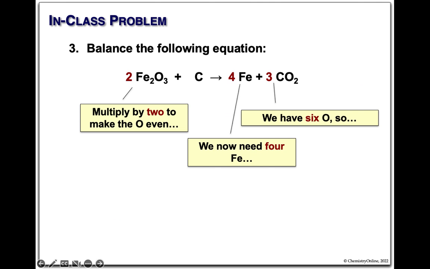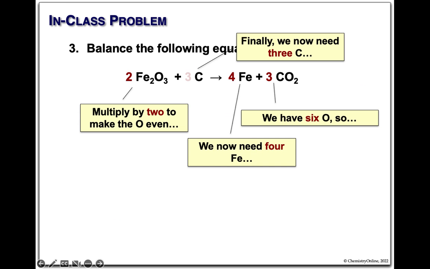And finally, the carbon. Well, we have 3 CO2s, that's 3 carbons. Simply need to put a 3 right there. And I think we're good. The balancing on the exam will be of comparable difficulty. Any questions?